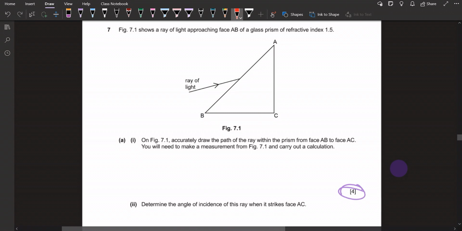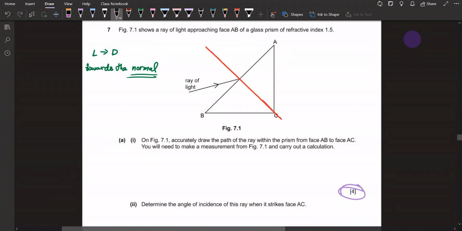So for this, first of all we draw our normal line. Our normal line is going to be here. And we know that when light travels from a less dense to a denser material, it moves towards the normal. So our light is going to bend towards the normal. And for drawing the refracted ray, we have to find our angle of refraction.